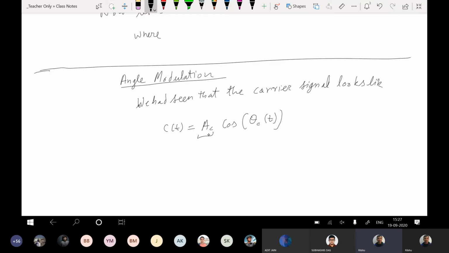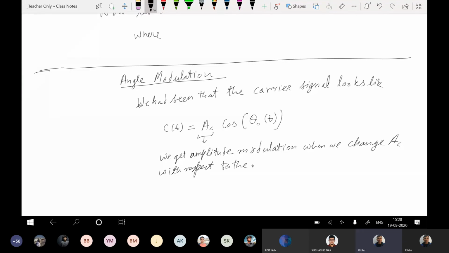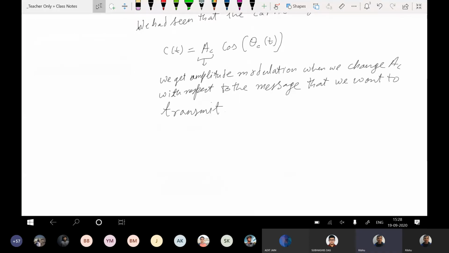So we get amplitude modulation when we change A_c with respect to the message that we want to transmit.